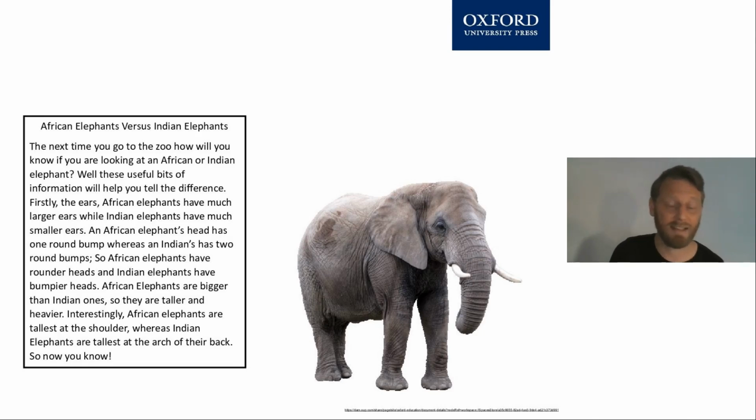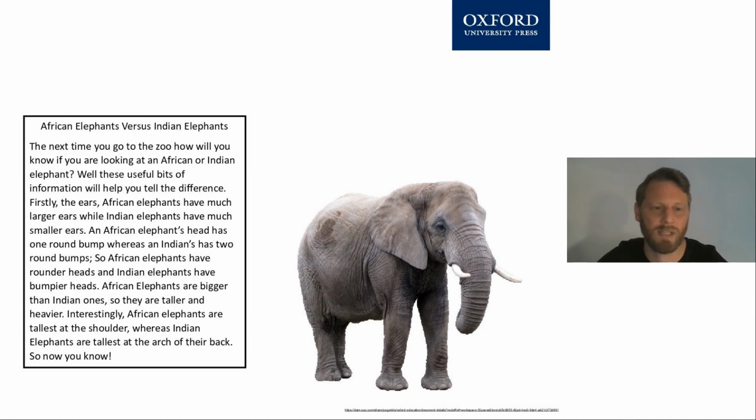Now, this text, the more important thing in this text, rather than the topic of elephants, is a language point. So have you guys spotted? Can you see what's the language point that this text is a vehicle for? Have another look if you need to.